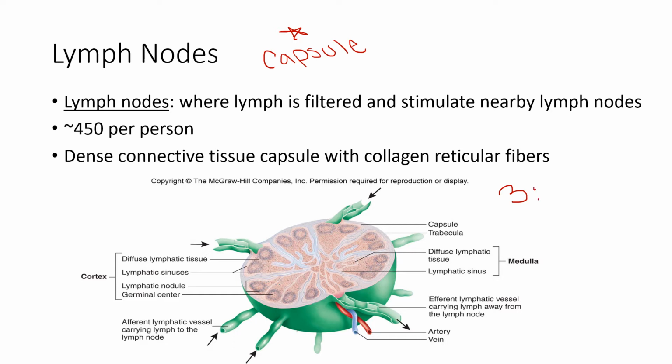You have lymph nodes in your armpit, your neck, and your groin. So these are three superficial groups that are very important. These areas can become swollen at various times.